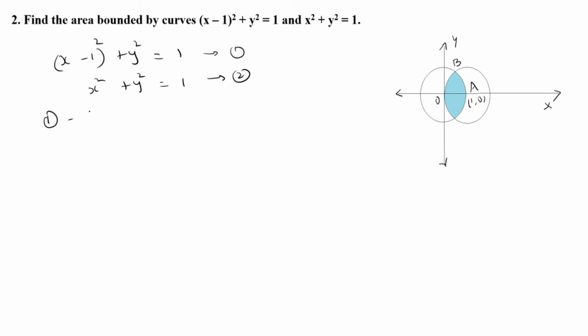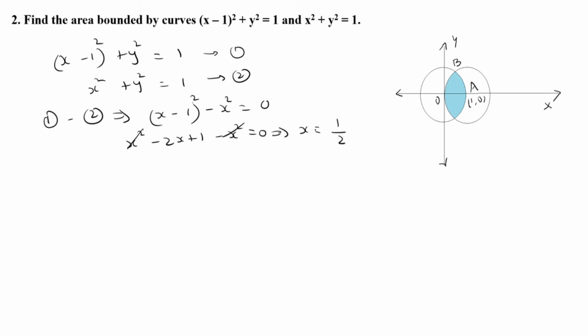So on subtracting 1 minus 2 we get x minus 1 the whole square minus x square is equal to 0, or x square minus 2x plus 1 minus x square is equal to 0. This x square will go. From this we get x is equal to half.